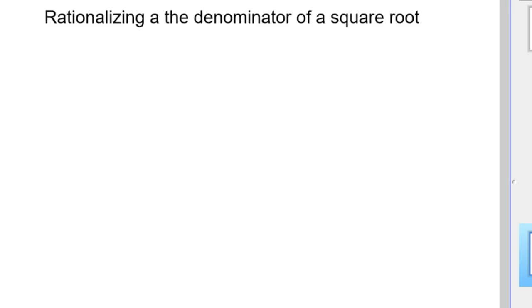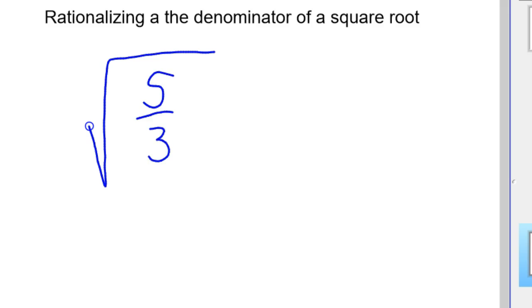The last thing is rationalizing denominators of a square root. This one is probably the hardest one. You also want to know why we do it. I did a video on that earlier. But essentially it's this. If you have the square root of 5/3, for instance, we need to figure out how to rationalize this.